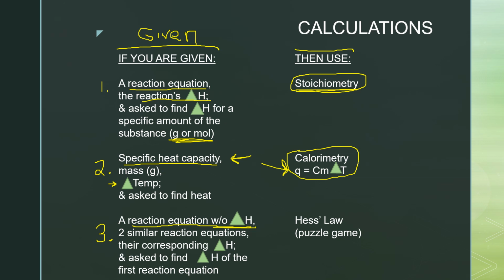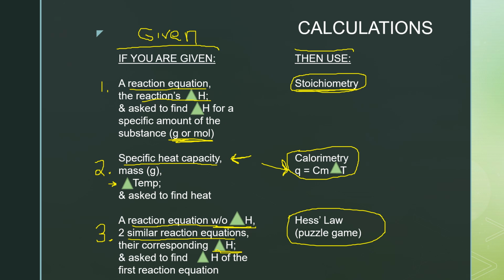You're just given the reaction equation itself, and you're asked to find that delta H, that enthalpy value, and you're given two similar reactions with those similar reactions' enthalpy values. Then you're going to use Hess's law, which is that puzzle game that we talked about in the third video.